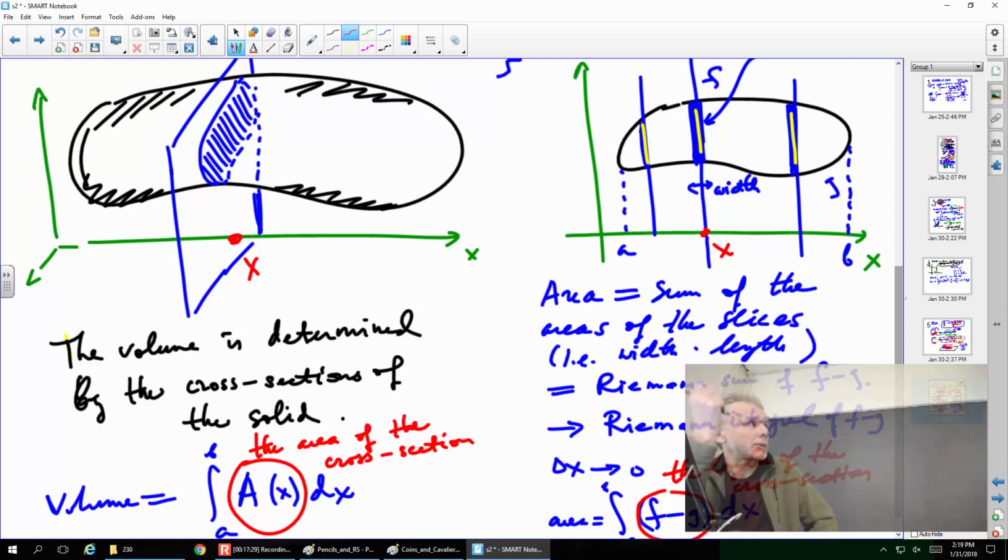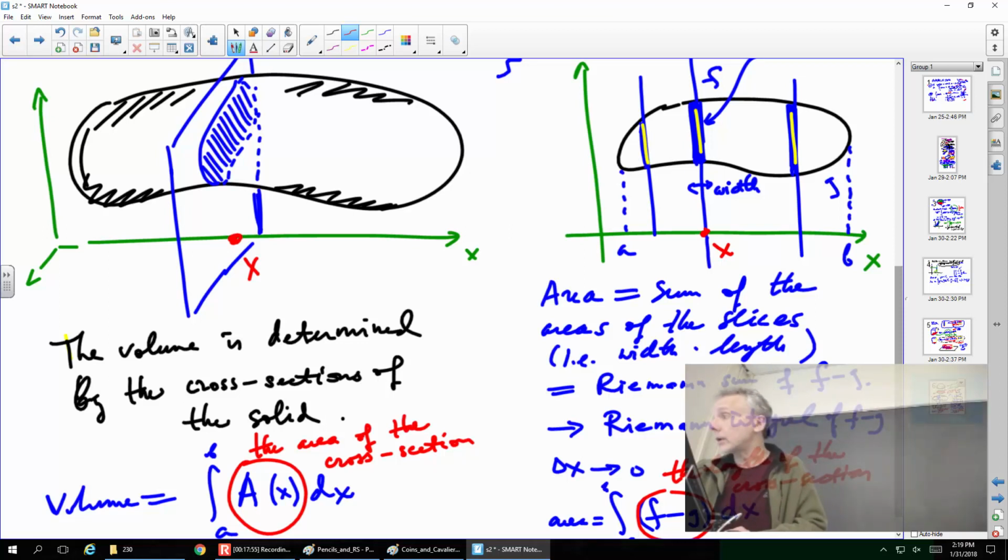It can be described geometrically as, for example, a cylinder, a cone, or a sphere. For all of these we can figure out the areas of the cross section based on our understanding of geometry. So we'll do a couple of examples of that.